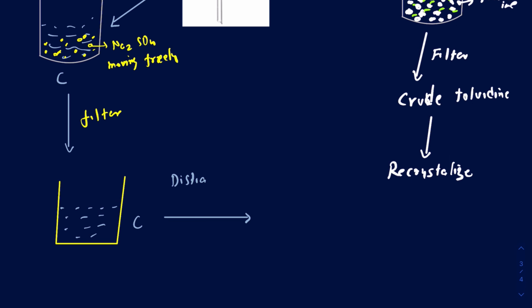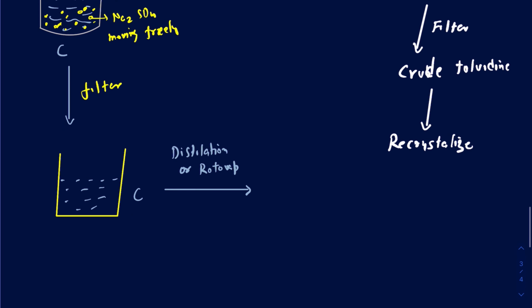So distillation is another technique that organic chemists usually learn. So either perform distillation, or there's a tool called a rotovap. You can use a rotovap, which actually pulls out all the liquid, and it's going to leave your solid behind. So you take out all the DCM.